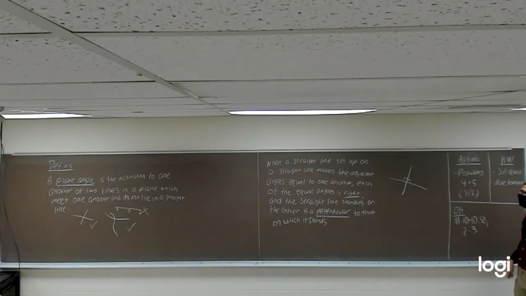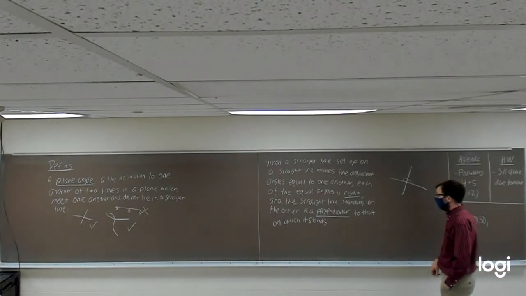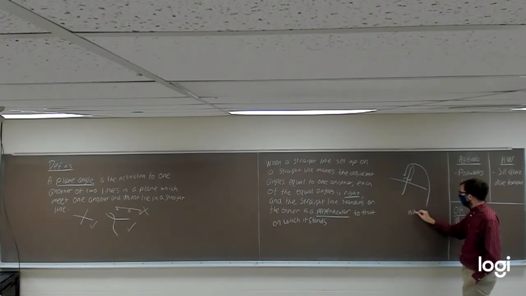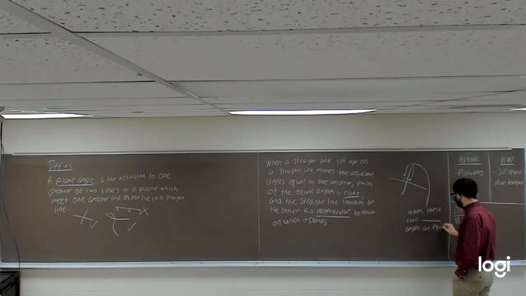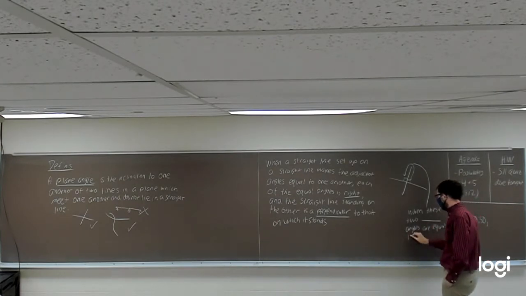When a straight line set up on a straight line makes the adjacent angles equal to one another, each of the equal angles is right. So in other words, when these two angles are equal, they are right angles.